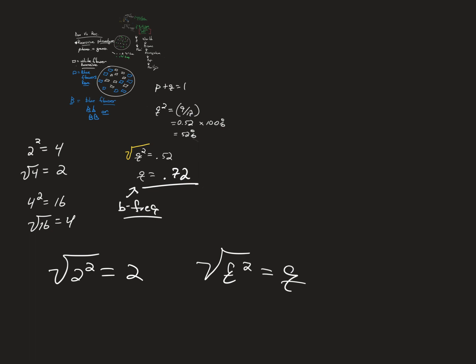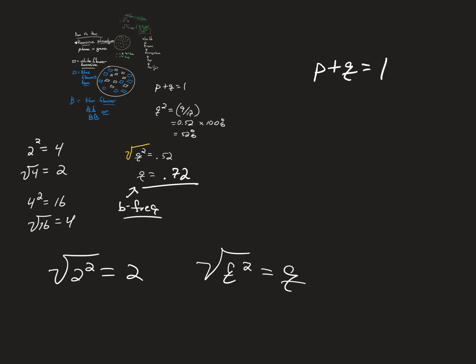So that tells me q squared. That still doesn't tell me how many of these I expect to be heterozygote and how many are homozygote. I still don't know what p is. I only got q. How do I find it? We already had q squared. p plus q equals what? Equals 1.